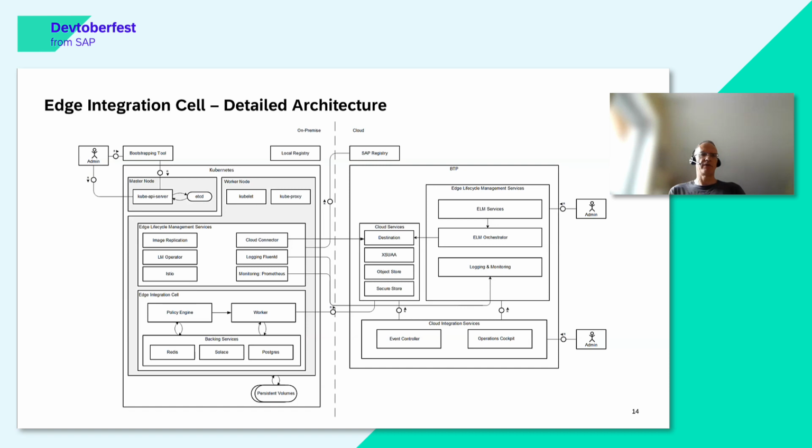We have a Redis instance for caching of certain objects for the execution of policies. And then finally, we have a Solace broker, which is the event broker for handling events on the edge.